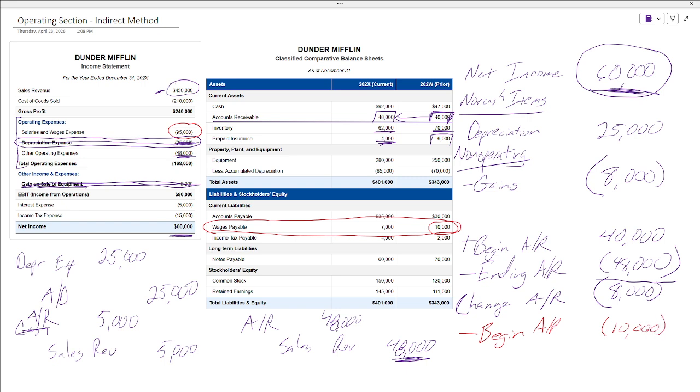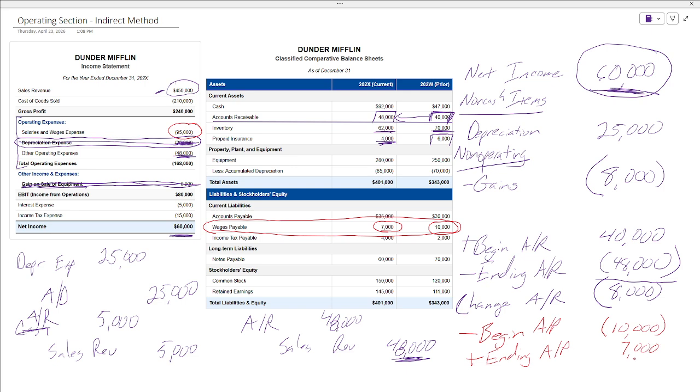Subtract the 10,000 because we paid it, and then the 7,000, we made a journal entry like debiting wages expense and crediting wages payable. And so the $7,000 was included in the net income as a subtraction, but there was not actually any cash. So we need to add in the ending because the ending represents expenses that were in the net income but weren't actually paid.